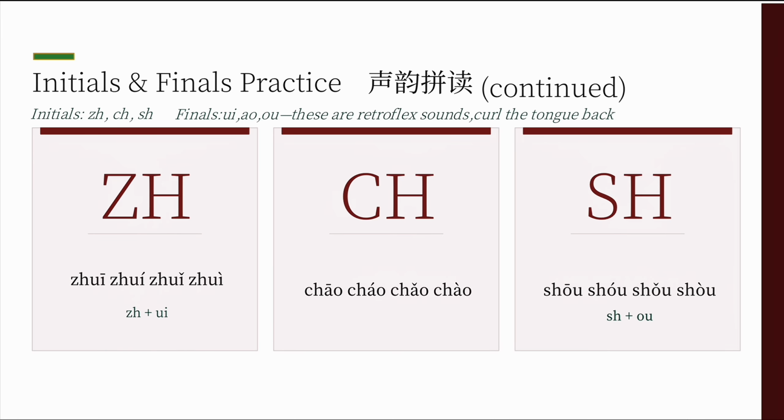So ju, not G, it's not chi, it's not she, it's ju, chu, shu. The combination, we combine it with ju and way. And this shu, combining it with o.